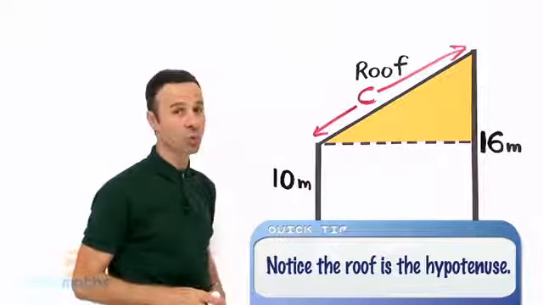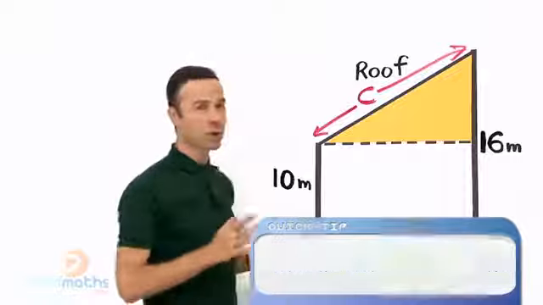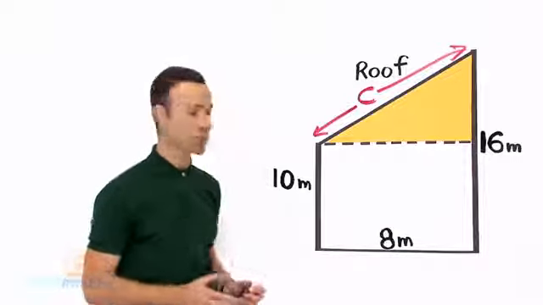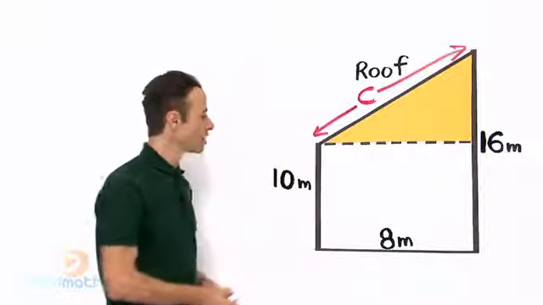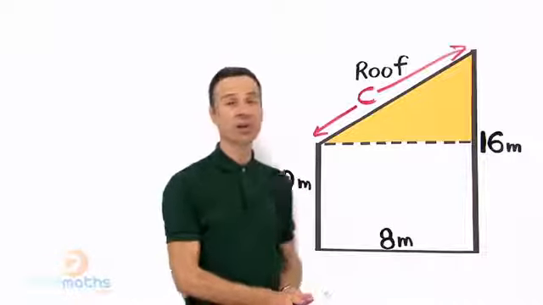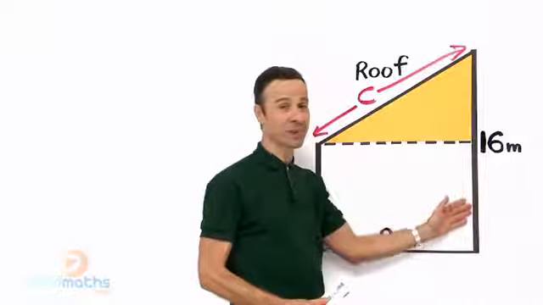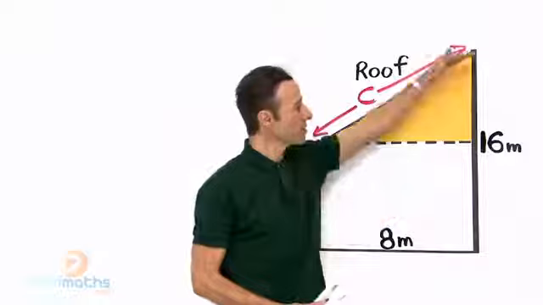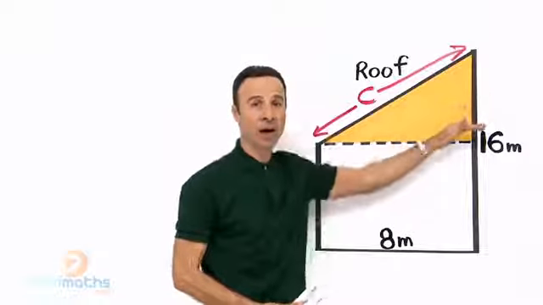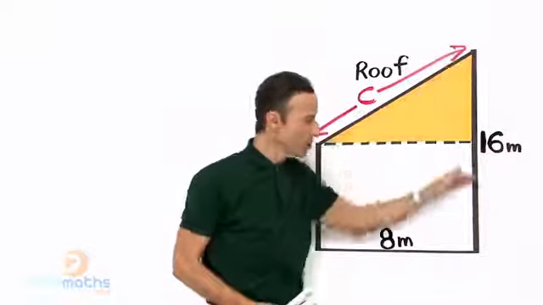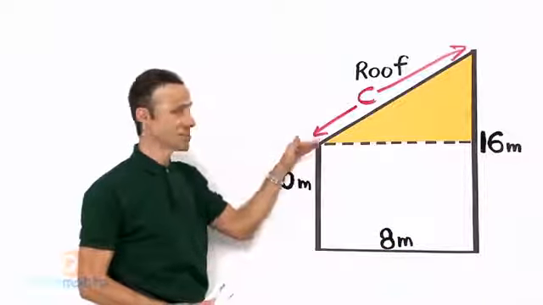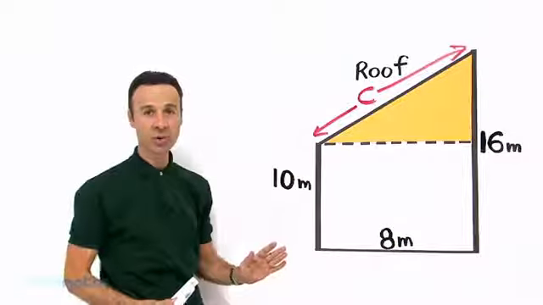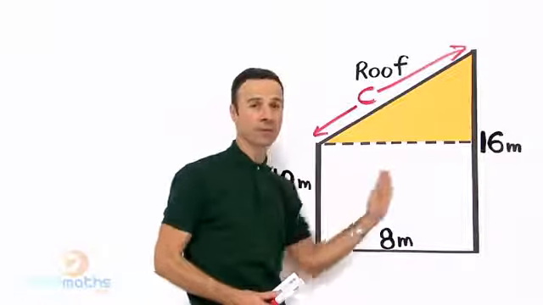Now, let's have a look at what we have. Now, let's look at the two vertical walls. We have a vertical wall here, which is 10 meters, and we have another vertical wall here, 16 meters, as I mentioned earlier. Now, how do we find this little gap here, the yellow part height? Well, if all of this is 16 and this is 10, isn't it true that all we have to do is subtract 10 from 16?